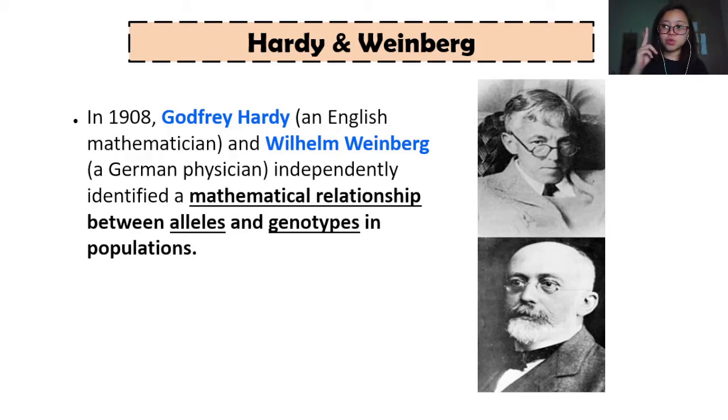Maksudnya, dua individu ini sedang menjalankan kajian pada waktu yang sama, dua-dua pun sedang kira allele frequency, dan diorang perasan, there is a trend. You can make a law, you can make an equation out of this, and the equation can make sense. And also, both of them came up with a similar law or hukum, which can be summarized like this.